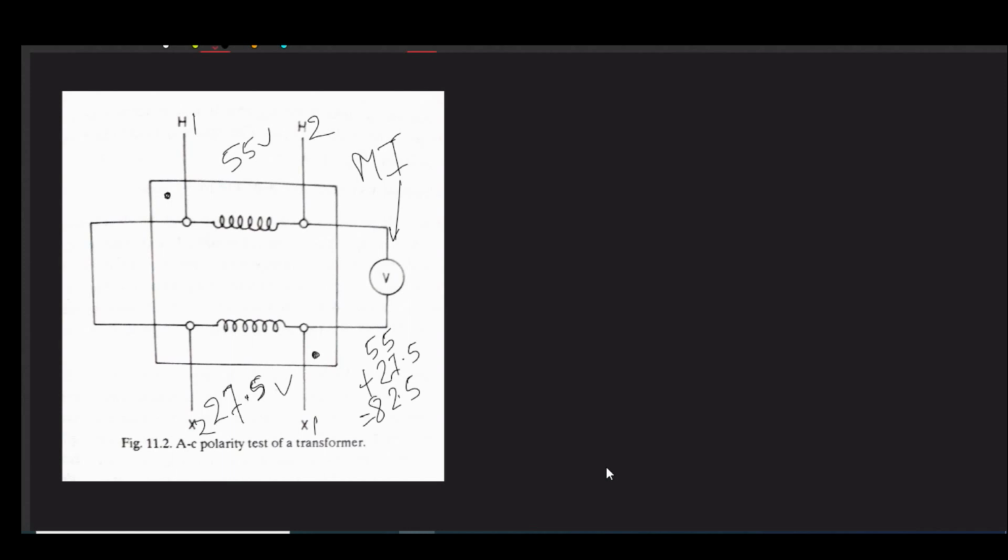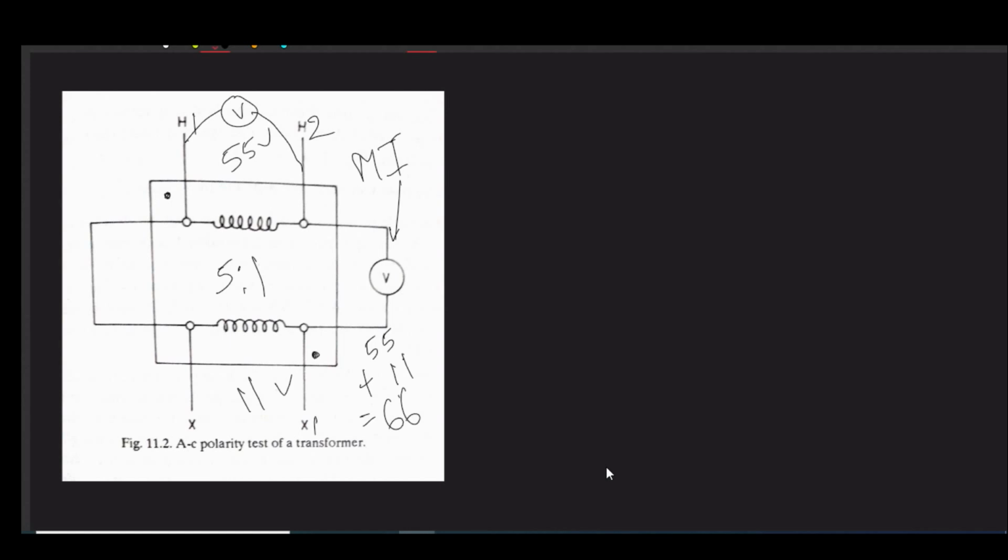You measure the high voltage side voltage by connecting another voltmeter here. Now you do not even know what the turns ratio is. It may be 2:1 or it may be 5:1. So in case of 5:1, you should get 11 volt here. Accordingly, instead of 82.5, this will become 66 volt.